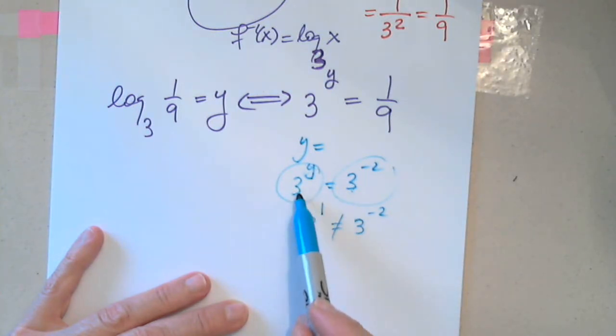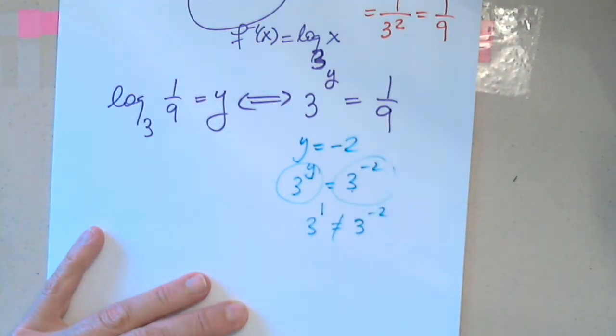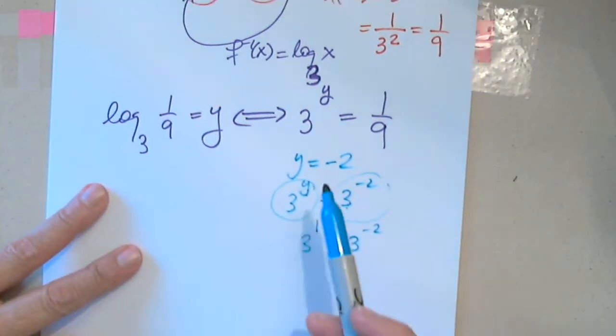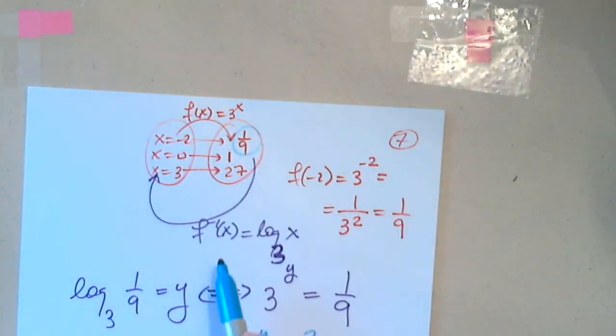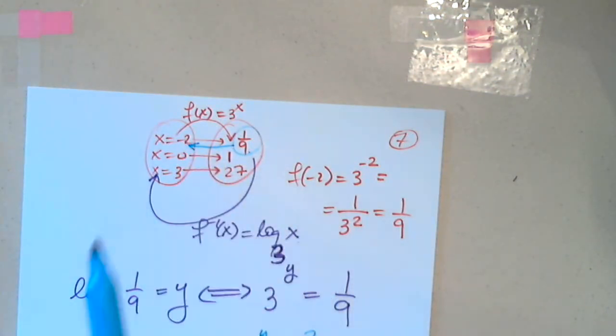These two numbers are equal and they have the same base, so the exponents must be the same, otherwise the left-hand side will never equal the right-hand side. So now we showed that when we apply log base 3 to 1 over 9, we recover -2.